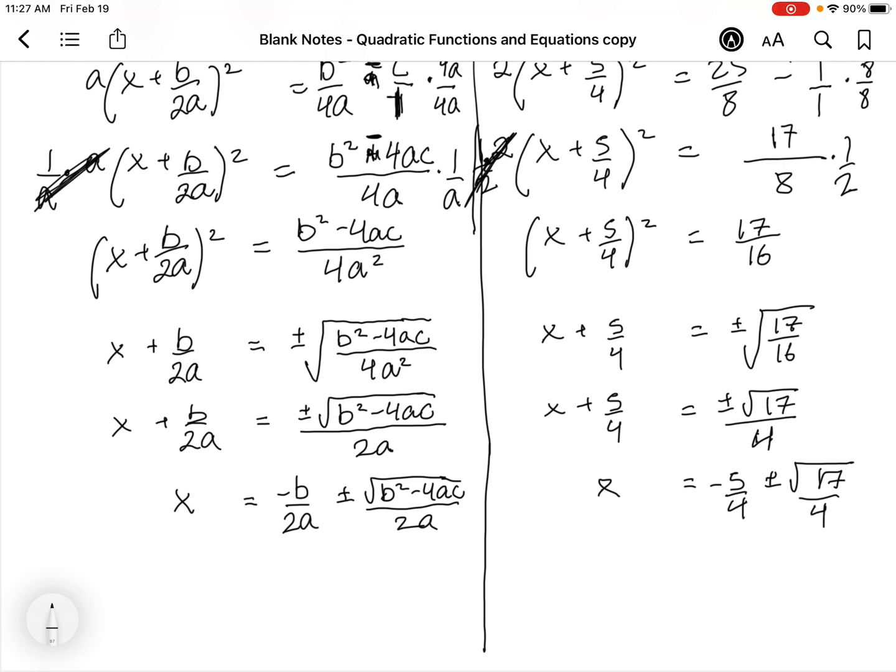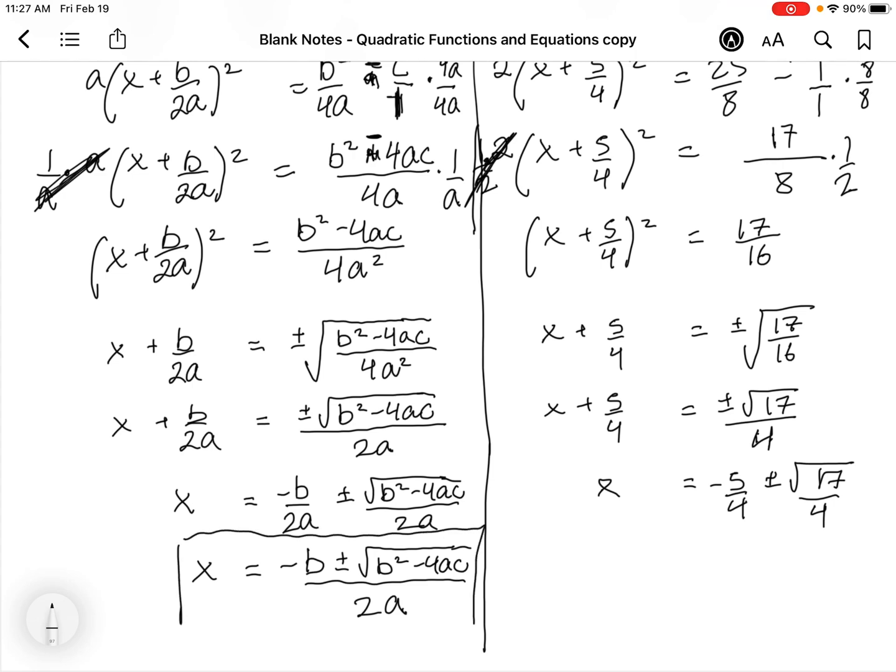And what you may also notice is that the denominators are the same. So I can write this using a common denominator. x equals minus b plus or minus the square root of b squared minus 4ac all over 2a. And we have now isolated x, and this is the quadratic formula.